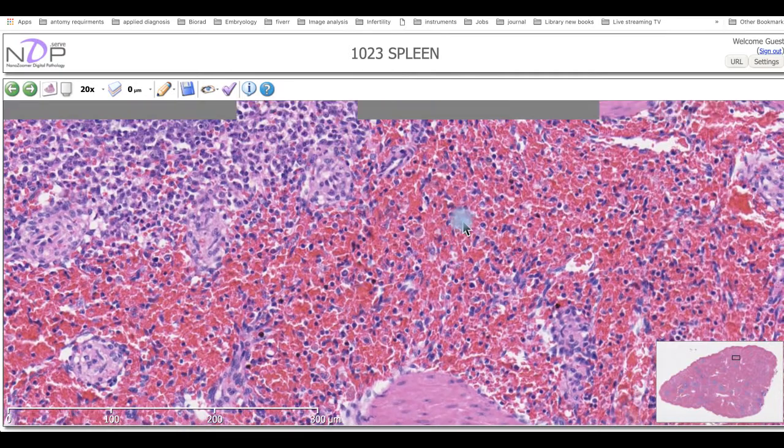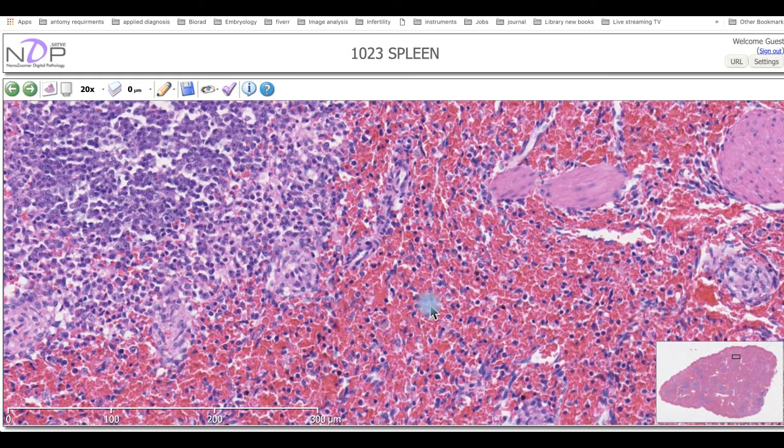As I said, the spleen is the largest lymphoid organ and the source of macrophages. It plays a role in erythrophagocytosis, which is when red blood cells get older, the spleen is responsible for engulfing and destroying these cells.